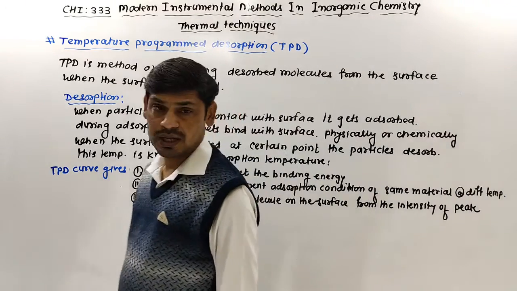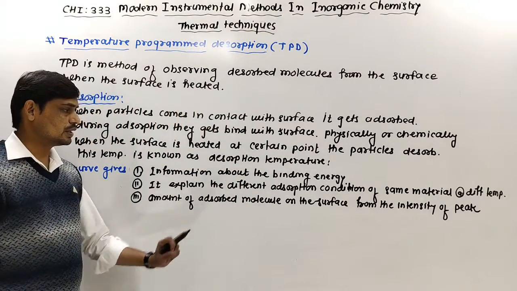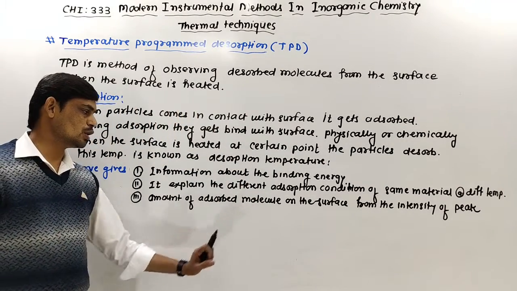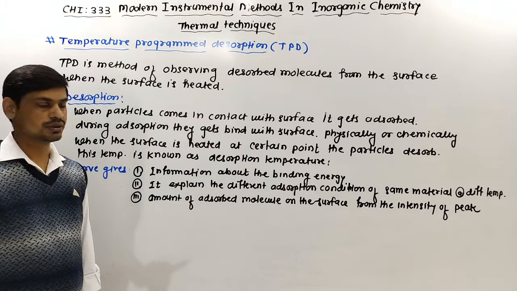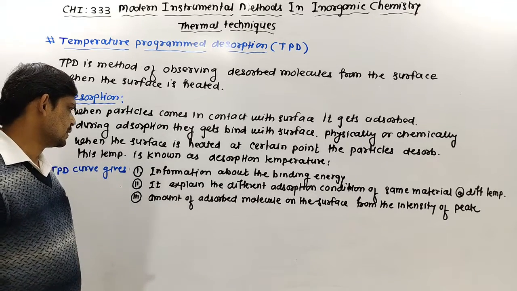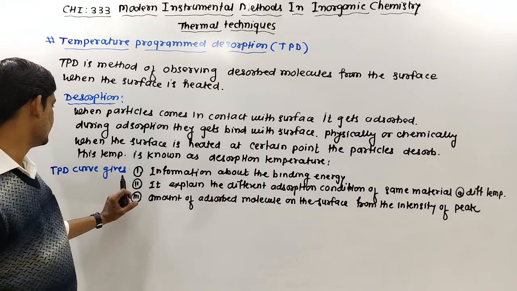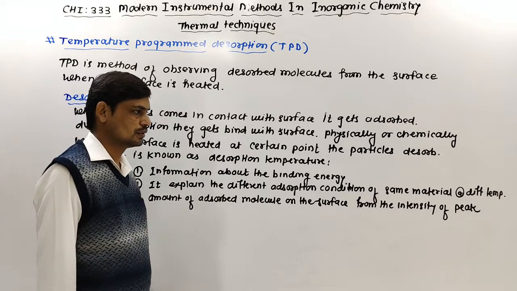So I would like to tell you that the intensity of a peak is directly proportional to the amount of adsorbed molecule. So it was the third information given by the TPD curve.